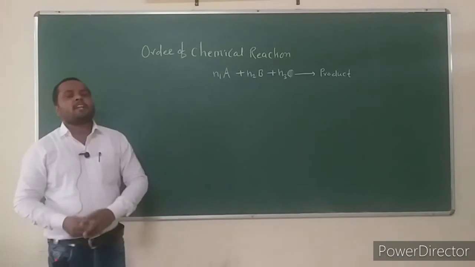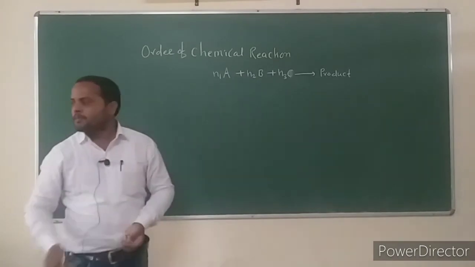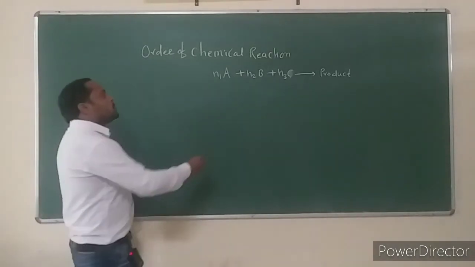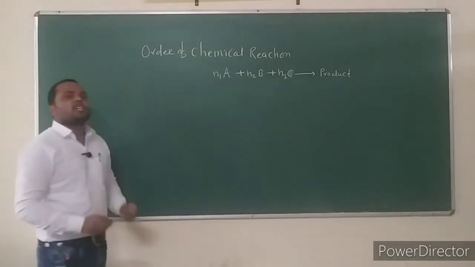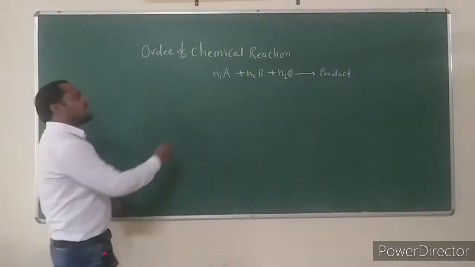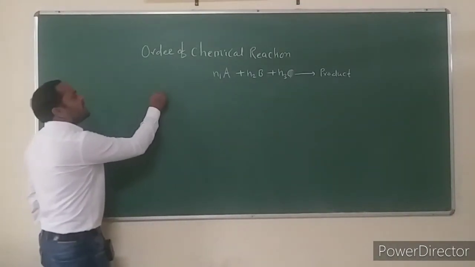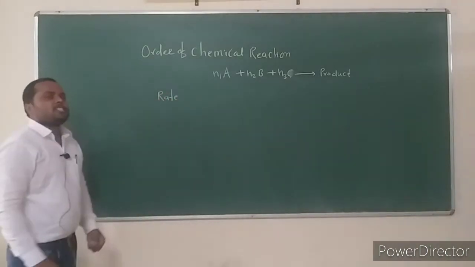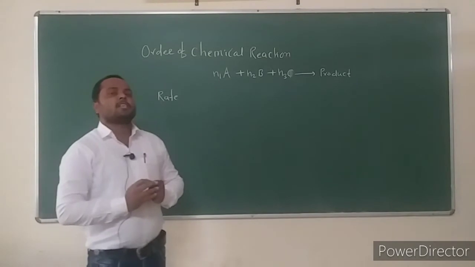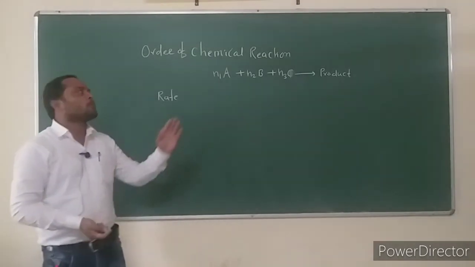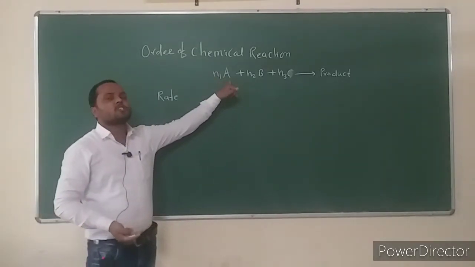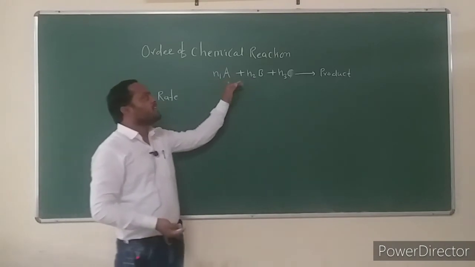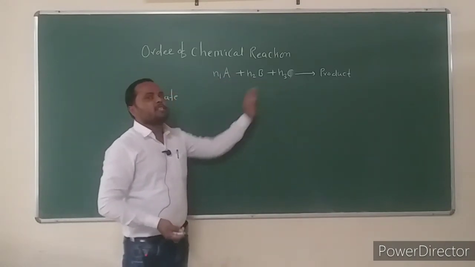Then how to determine the order of this chemical reaction? To determine the order of this particular chemical reaction, first write the rate of reaction. According to the law of mass action, the rate of reaction is directly proportional to the concentration of the reactants.